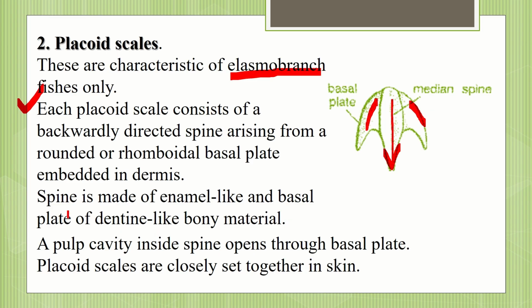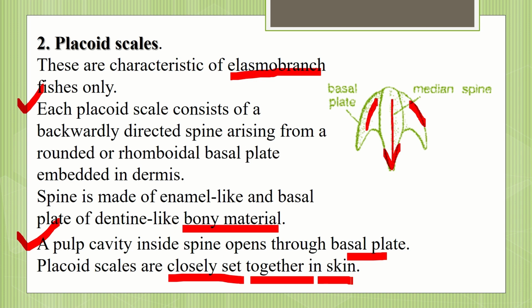A pulp cavity inside the spine opens through the basal plate. Placoid scales are closely set together in the skin of elasmobranch fish species.